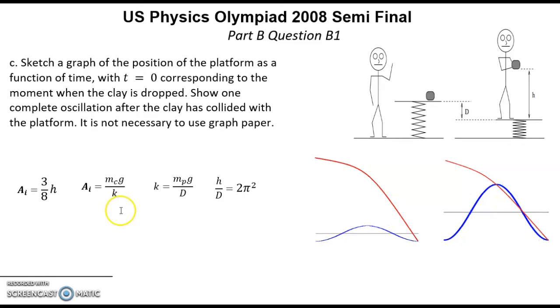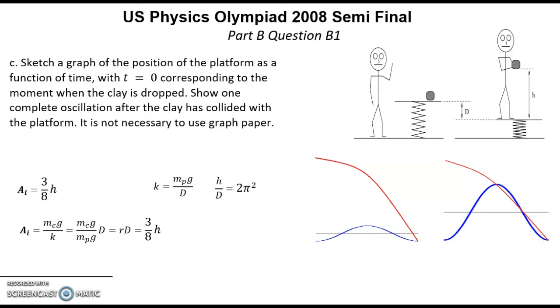We can insert K in this formula and use the relation h over d, so we will get this. So we have the amplitude for the platform equal to rd, and now we can equalize it to 3 over 8 h. That will be this one.